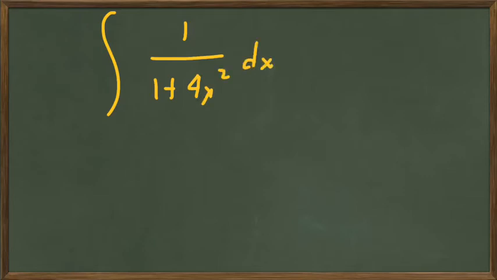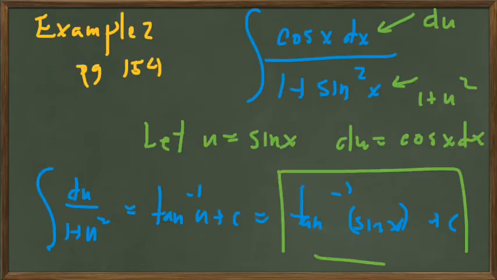If you rewrite that denominator as 1 plus the quantity 2x squared, and then let u equal 2x, then you can do this problem using the tan inverse integral formula, this formula here.